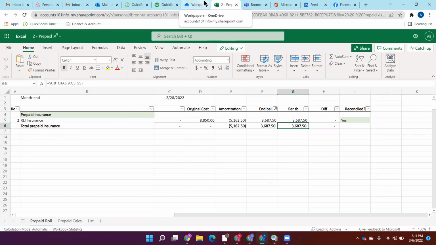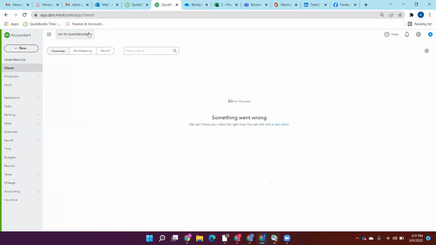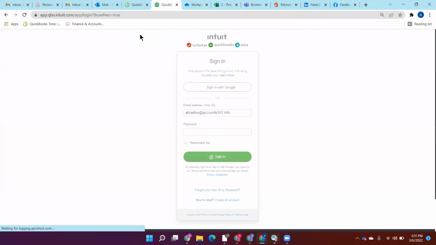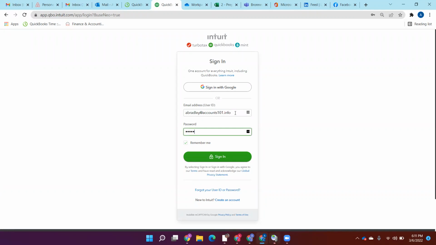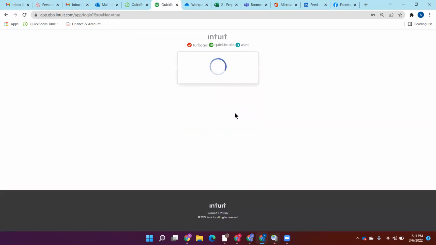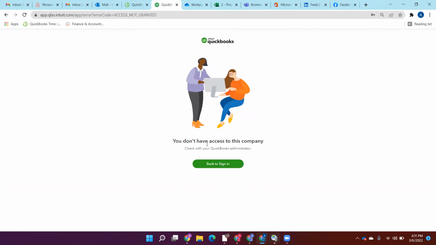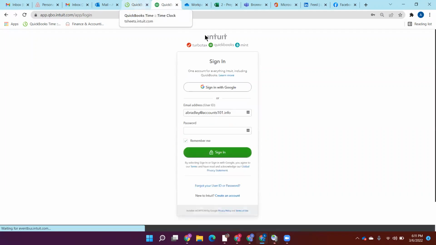a balance sheet. And when I was doing something went wrong. Oh. You just lost your access.